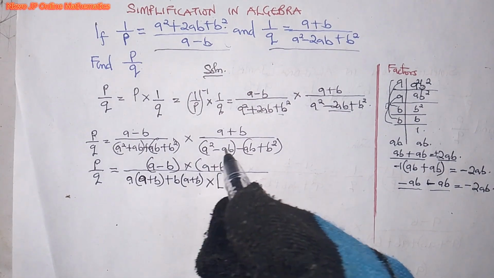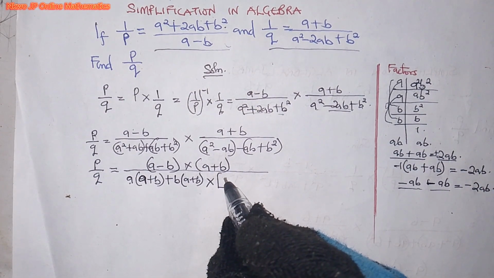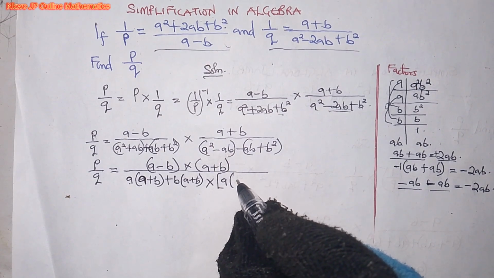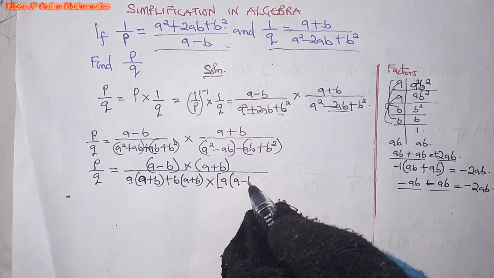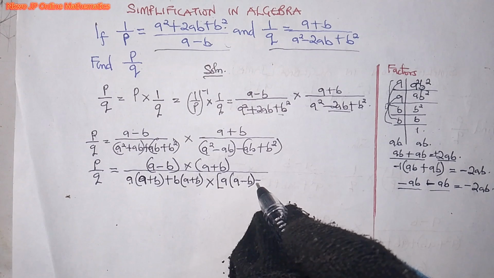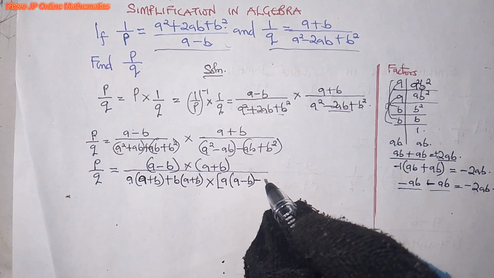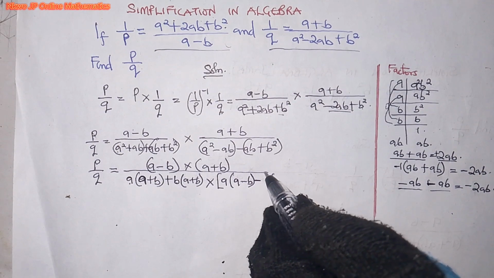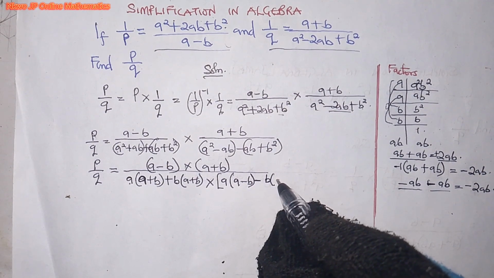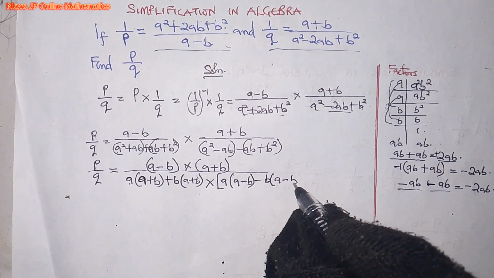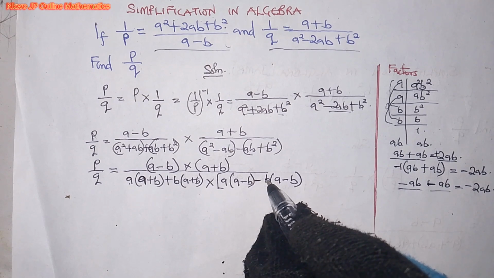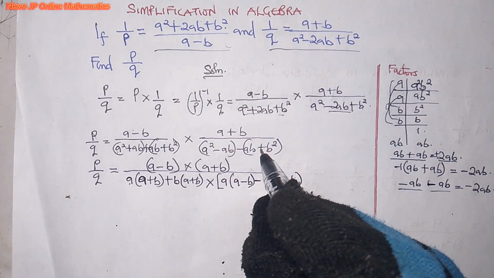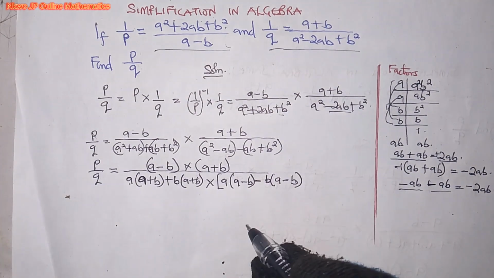So this, the common factor is a, and if we bring out the common factor there, we are left with a minus b, and we bring down the sign, which is a minus sign, and the common factor there is b, and if we take out the common factor, we'll be left with a minus b. Since minus b, when multiplying minus b, we are going to have a plus b square.